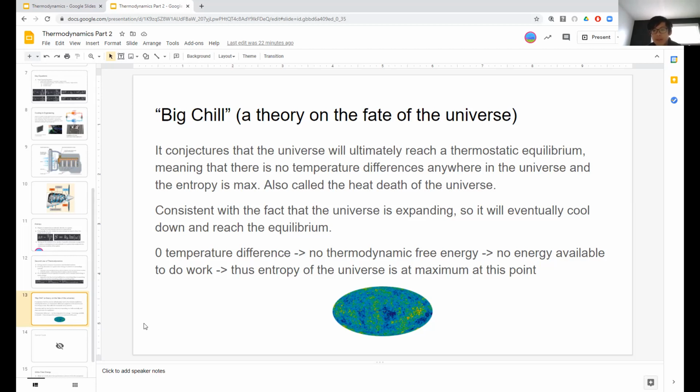That means there's no free thermodynamic energy to do work, and without work, conceptually, the entropy is at max, because if you have entropy, you have to have the availability to do work, and that's also another conceptual understanding of entropy.